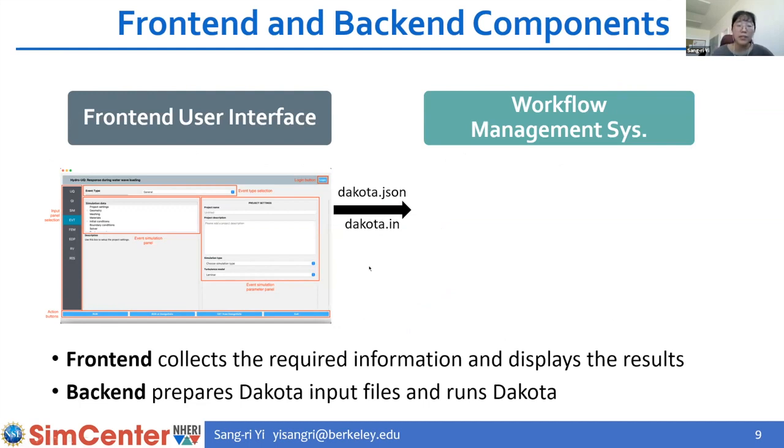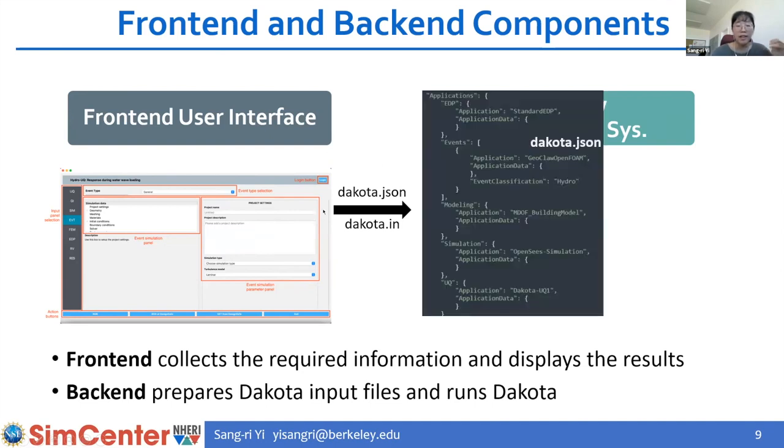HydroUQ consists of 2 parts: the front-end user interface and back-end applications. Every piece of information we put inside the HydroUQ frontend is saved as a single text file in JSON format, which is a readable file format.